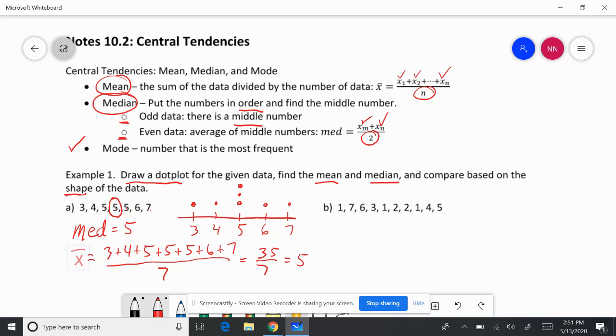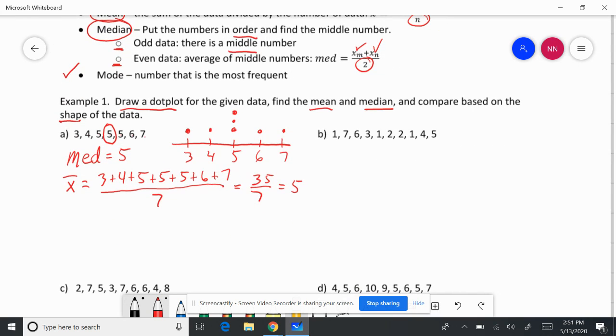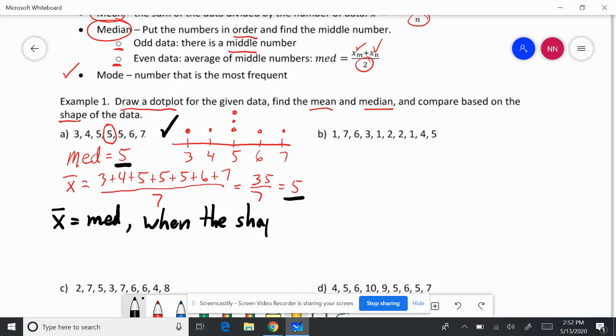Now we're going to look at the relationship between our dot plot and our mean and the median. And one thing that we notice is that our mean and the median are the same. Our mean is equal to the median when the shape is approximately symmetric.